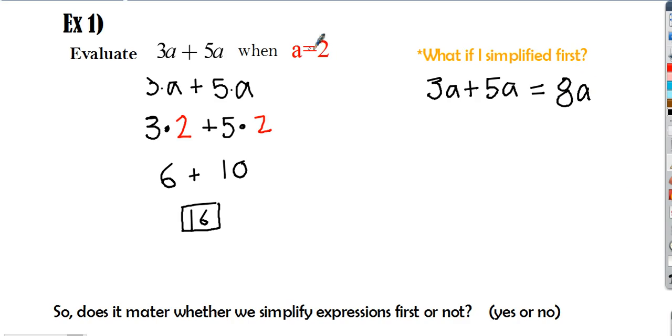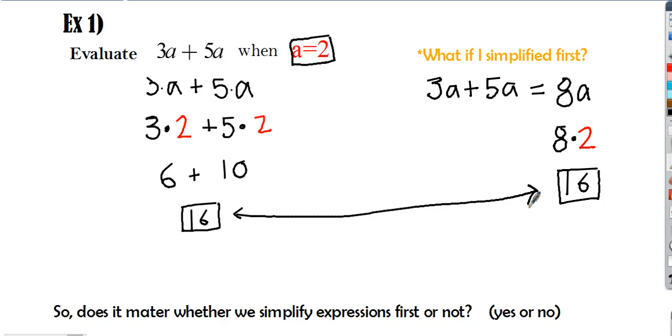Now, we know that a is equal to 2, so now let's evaluate this 8a. It's 8 times a, but a is equal to 2, so it's actually 8 times 2, which is also equal to 16. So notice, we still got the same answer.